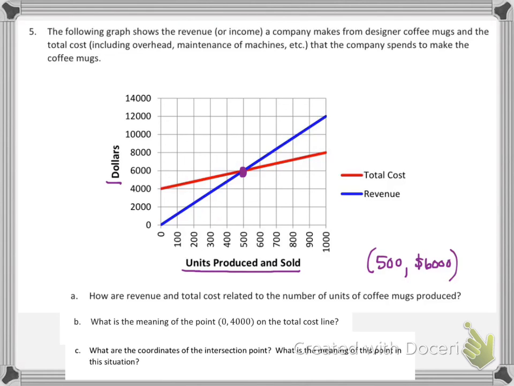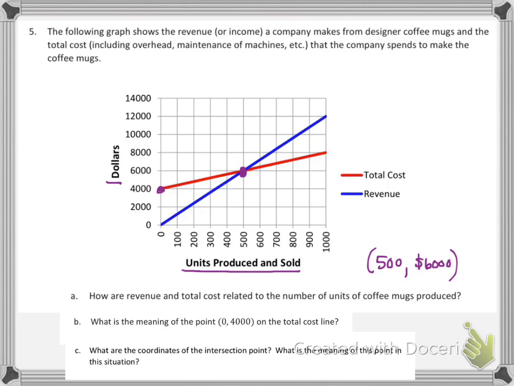Okay? What is the meaning of the (0, 4,000) on the total cost line? Well, the (0, 4,000) is here. That means if we have produced 0 coffee mugs, our total cost is $4,000. How could that be true?